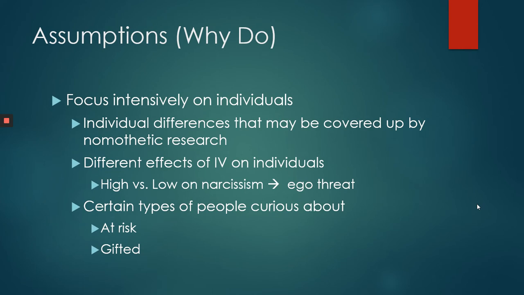The book talks about another example, but thinking of an example where there are different effects of the IV on different individuals, I'm thinking about ego threat. Let's say it's an experiment. You come into the experiment and there's this thing called false feedback.